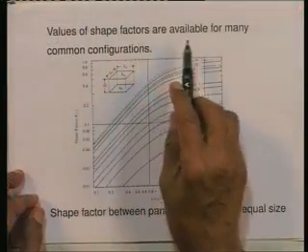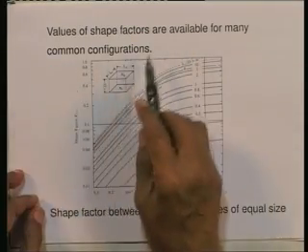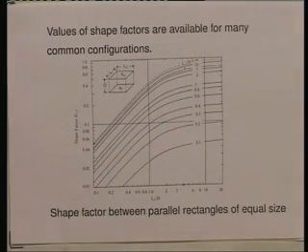For a variety of common situations which occur in practice, we have shape factors calculated by other people, and we use those for our calculation. We do not sit down and try to evaluate double integrals most of the time. So, values of shape factors are available for many common configurations.